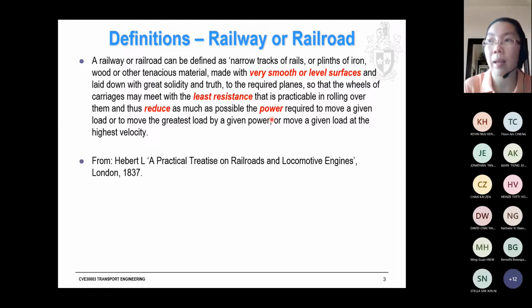On this particular topic of least resistance, the wheel-rail interaction has been studied over and over again, because what we essentially want is the least resistance so that we can propel the train forward faster, or carry more load.